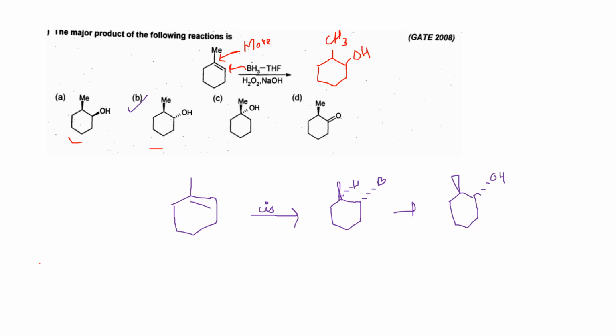So some centers are cis to each other, some centers are anti to each other. To plan a retrosynthesis, you have to get a specific stereochemistry of the product. In that case, by choosing the correct reagent and substrate, you can get this anti arrangement in the product.